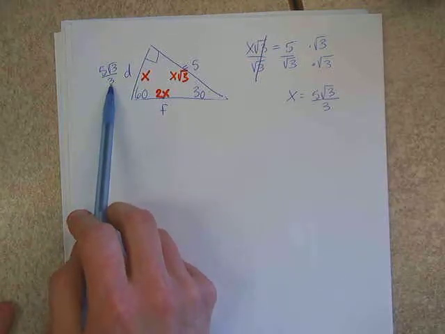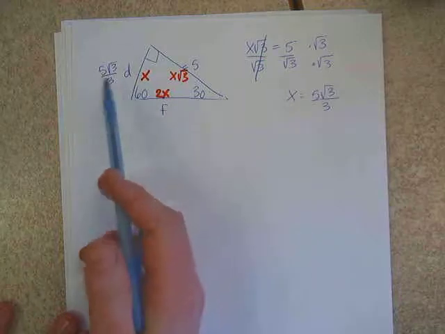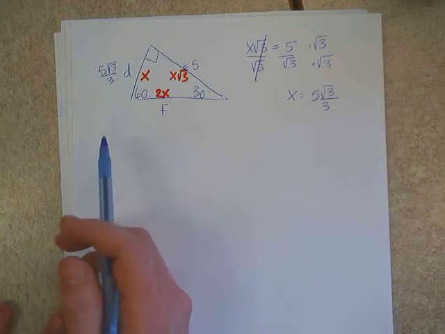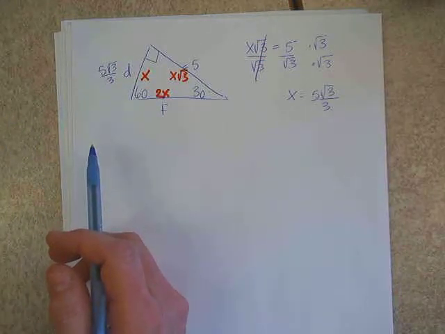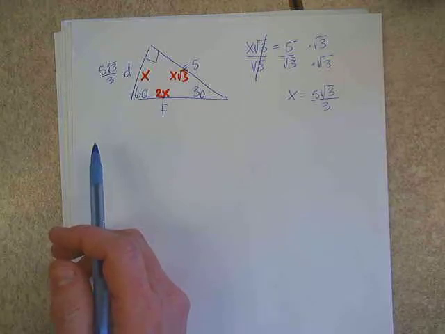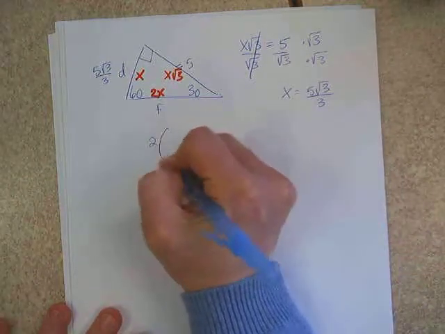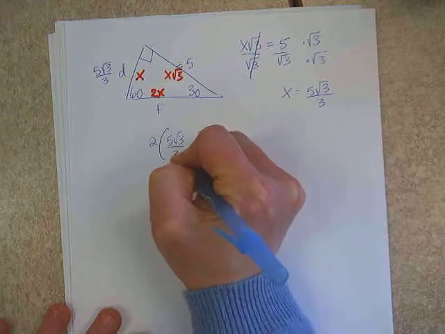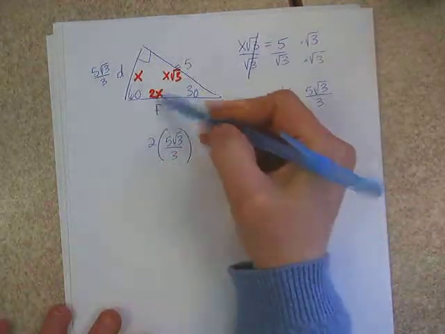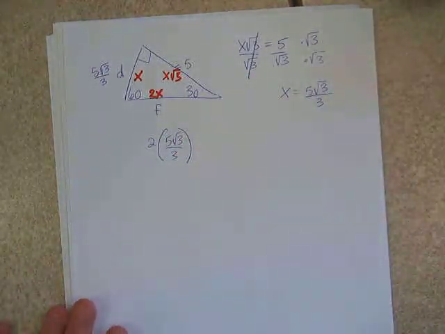Now to get F, which is our 2x, you're going to have to double this. You're going to have to multiply it by 2. Remember, multiplying by 2, if it were just a fraction, it would be your numerator times 2. When you have a numerator that has a whole number and a radical, you're going to go for the whole number.